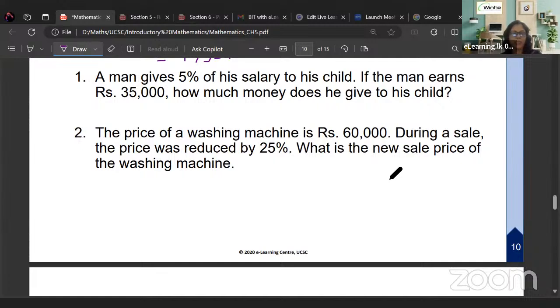Now it asks you to find the new sale price of the washing machine. How do we find it? How do you find the new sale price?